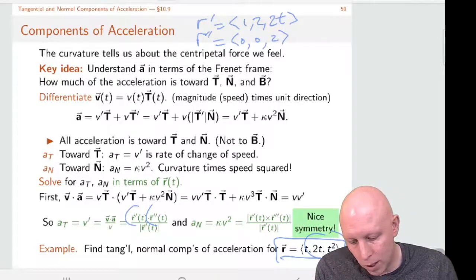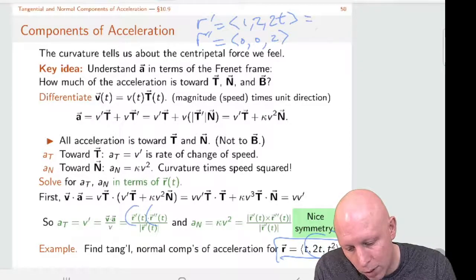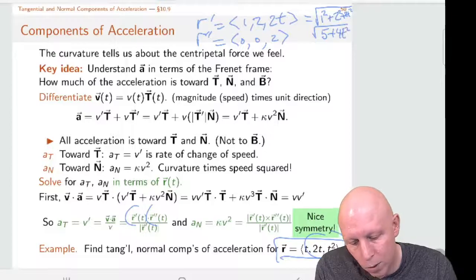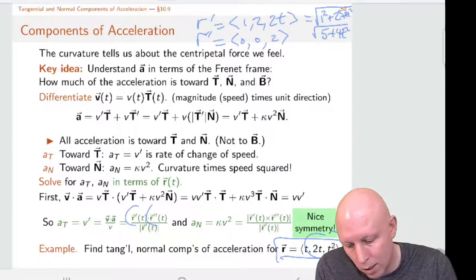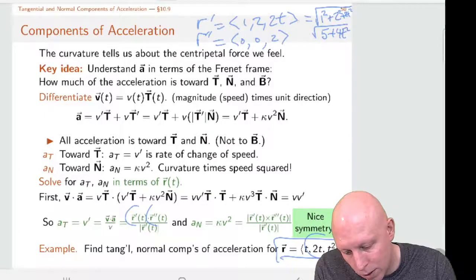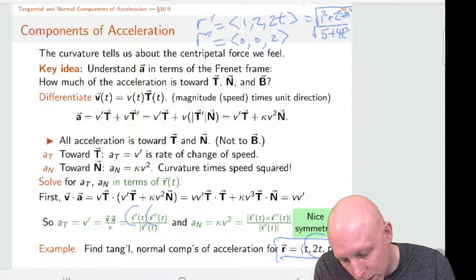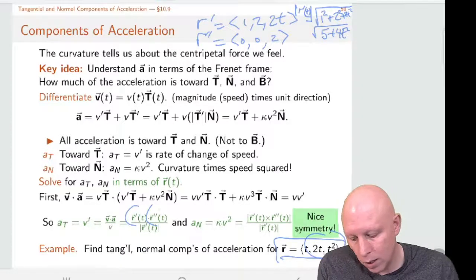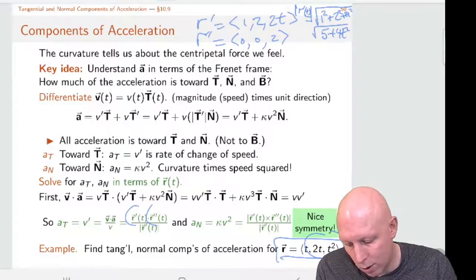And so the length of r primed is the square root of 1 squared plus 2 squared plus 2t squared. So the square root of 5 plus 4t squared. That's the length of this. And so let's write down our formulas.